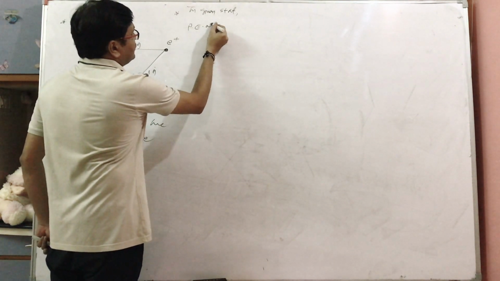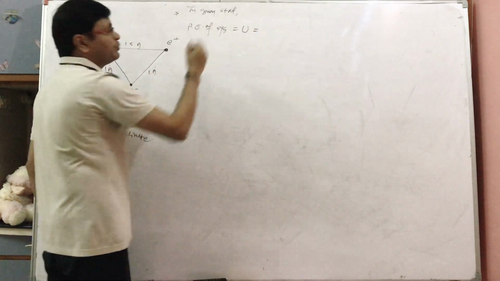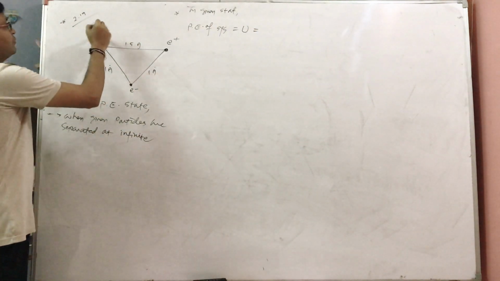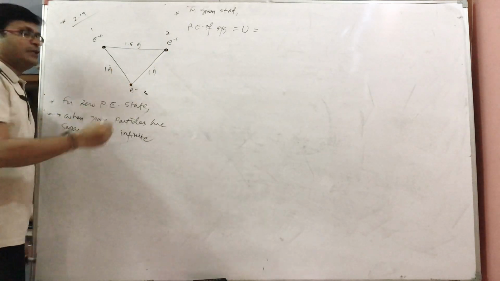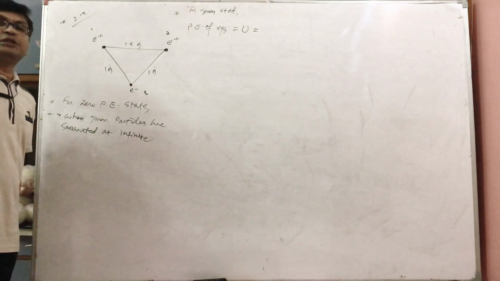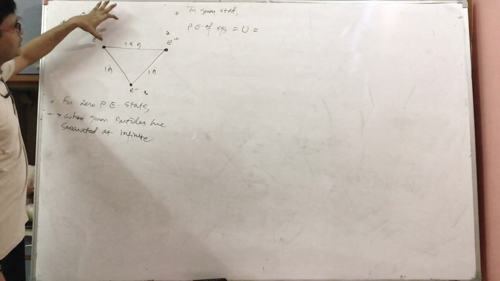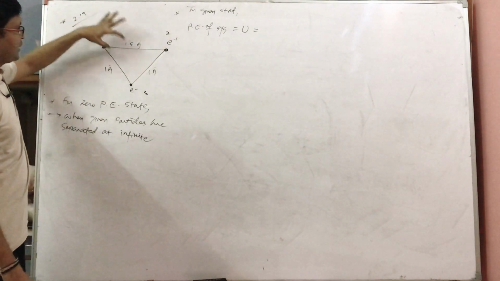The potential energy of the system U is equal to, now be alert, already 1, 2, 3 are the three particles, and you have an idea about the shortcut. How can you find the total potential energy of the system of these three charges? First of all, start with the first particle. The first particle forms a pair with the second as well as the third.